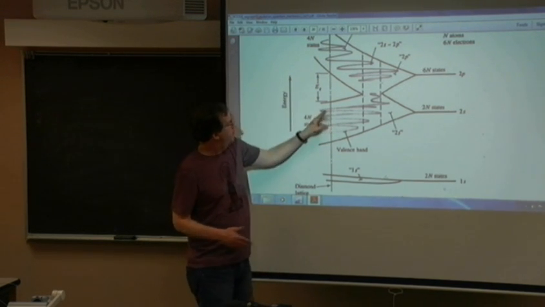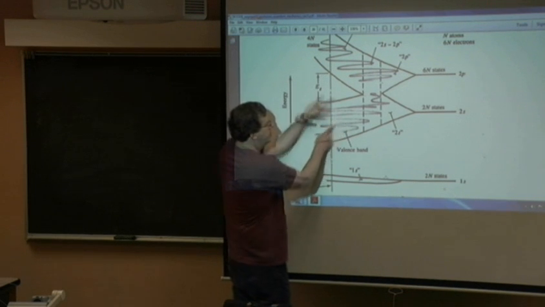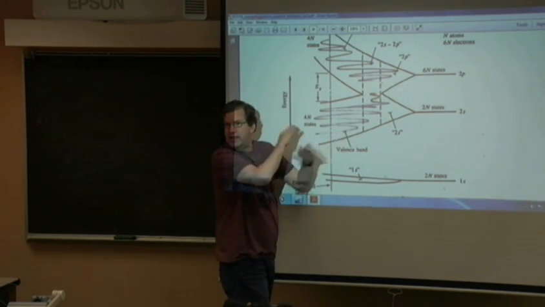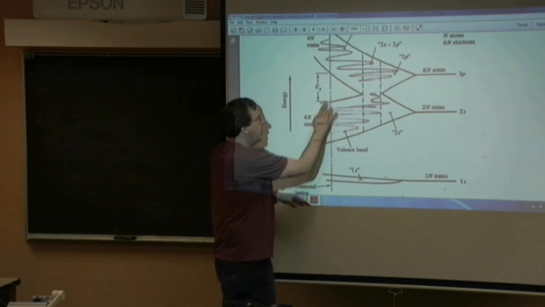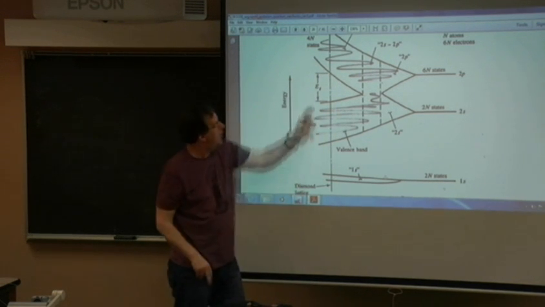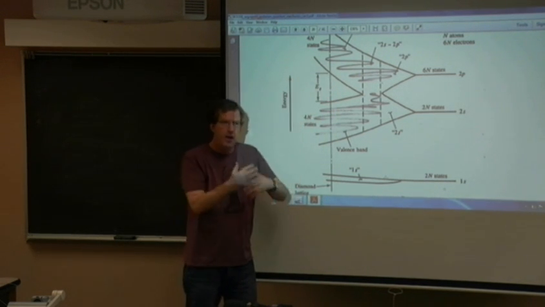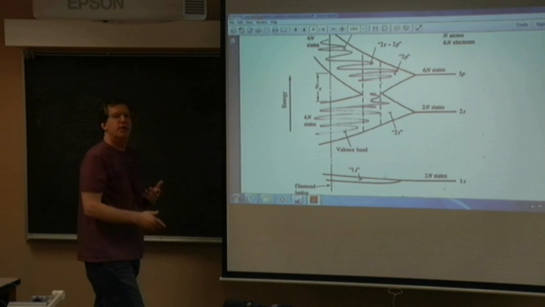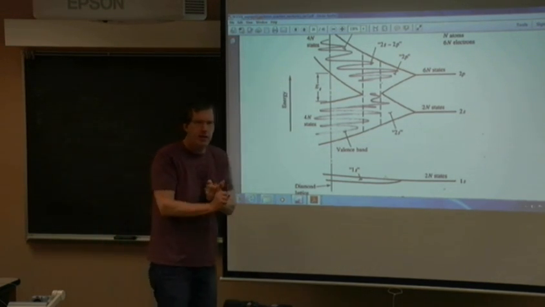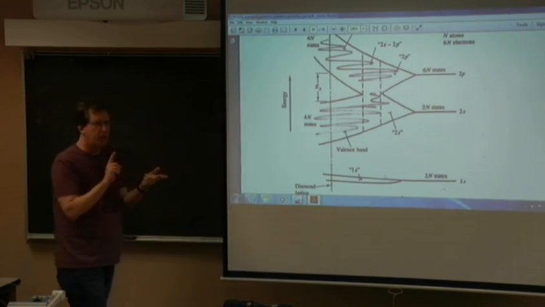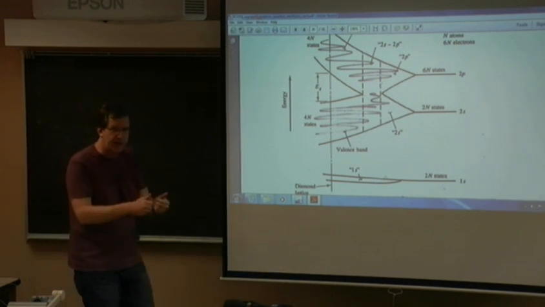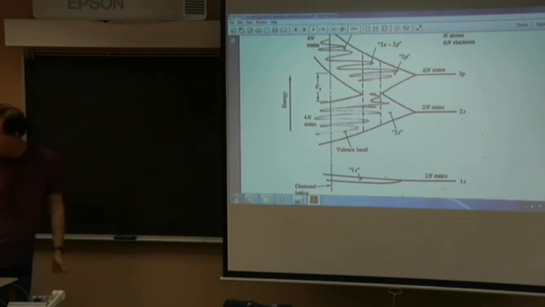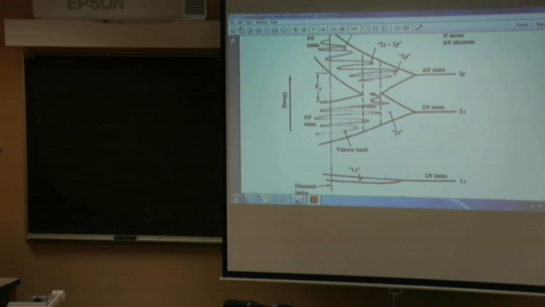If one electron exchanges with another electron, the net effect is 0. So until I open up some free holes there, or some free electrons there, there's no net effect. So I need the doping, I need the acceptors, I need the donors, and I need them to be ionized and liberate their charge. So this is the origin of the band gap.